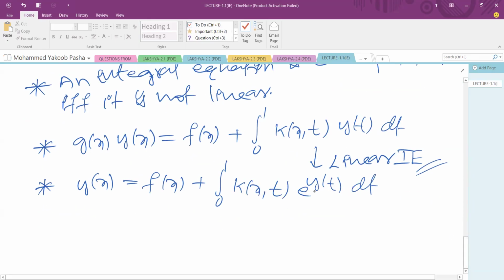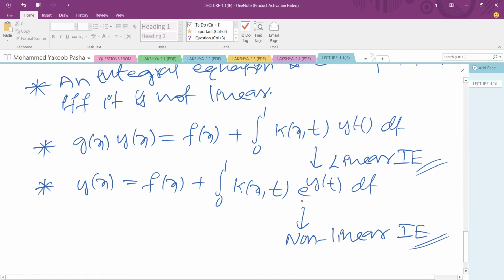Here e power y of t can be expanded by using the e power x expansion, so the power of y of t is more than 1. It may be 2, it may be 3, and so on. So it is not a linear integral equation. It is a non-linear integral equation.